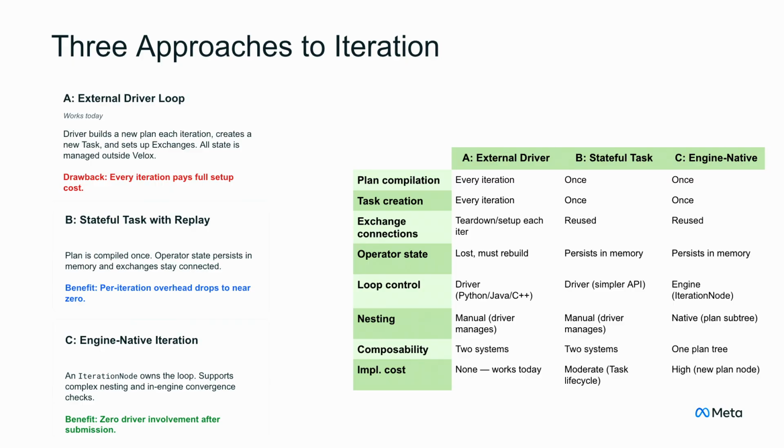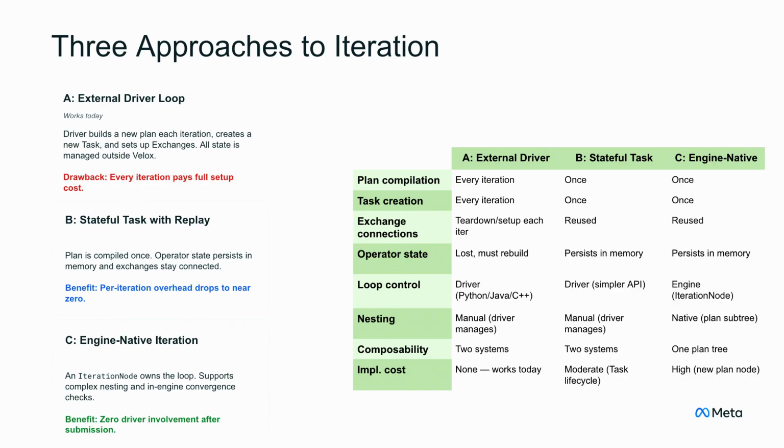In approach B, the difference is we use stateful tasks, and compared with approach A, we reduce the overhead of rebuilding the plan and task each time. And approach C is the engine native iteration.